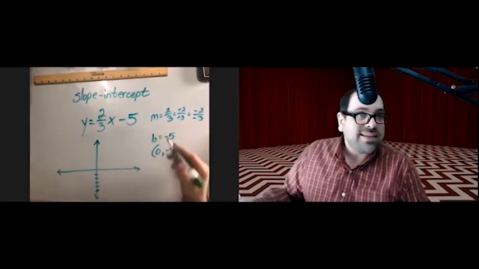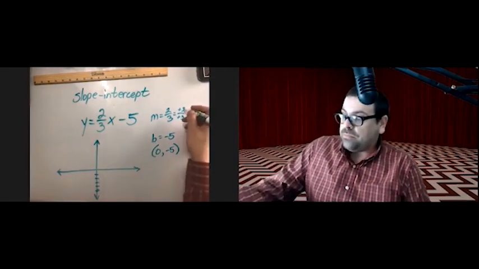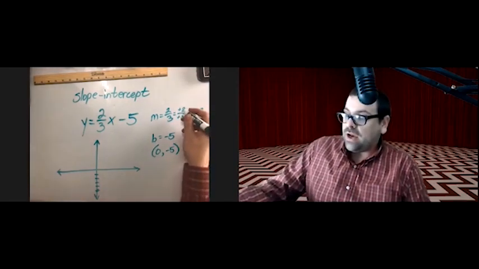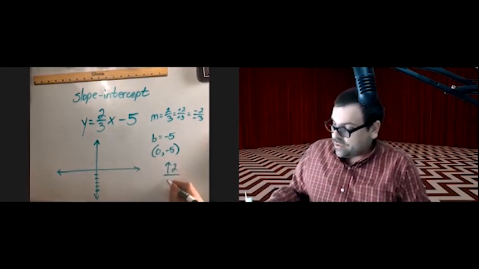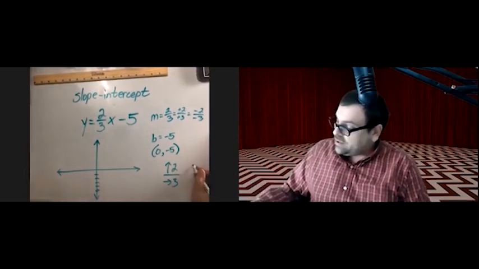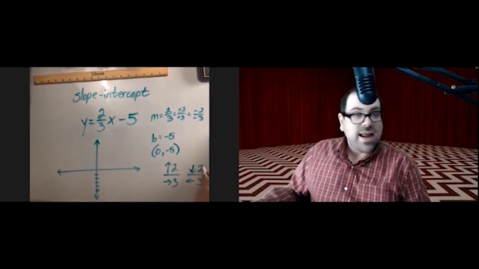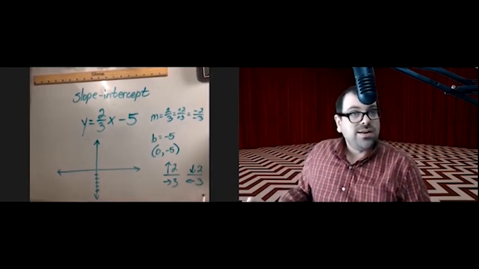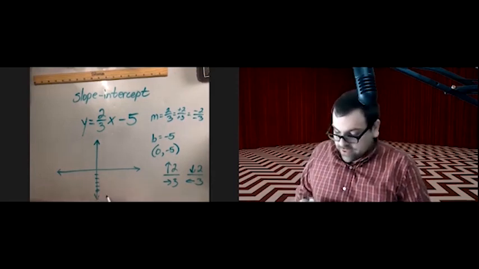Negative over negative, that's positive as well. So positive would be up and right. So this is up 2, right 3, but it could also be down 2, left 3, negative in the y direction, negative in the x direction.